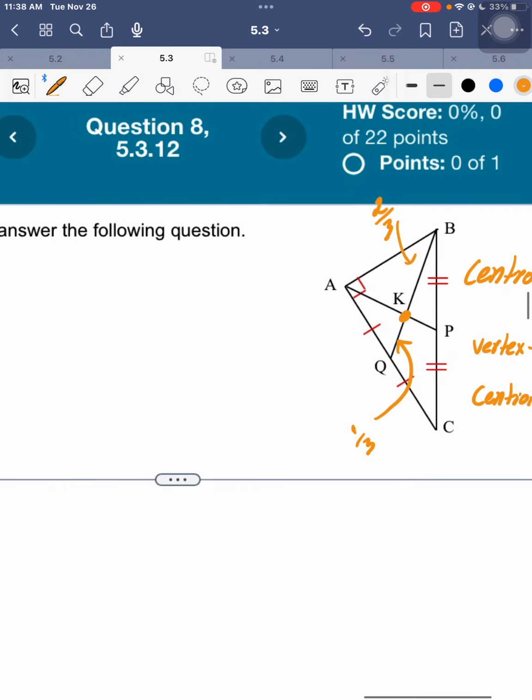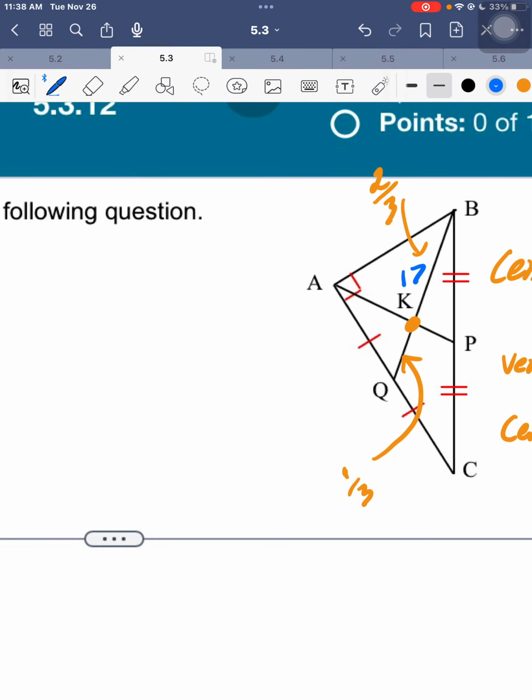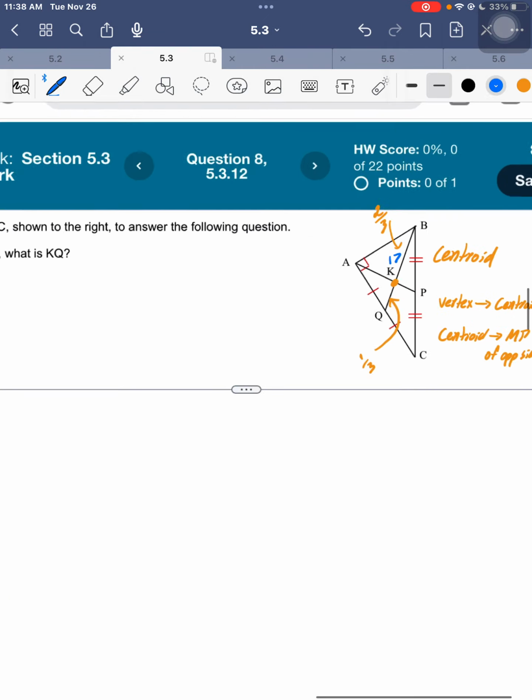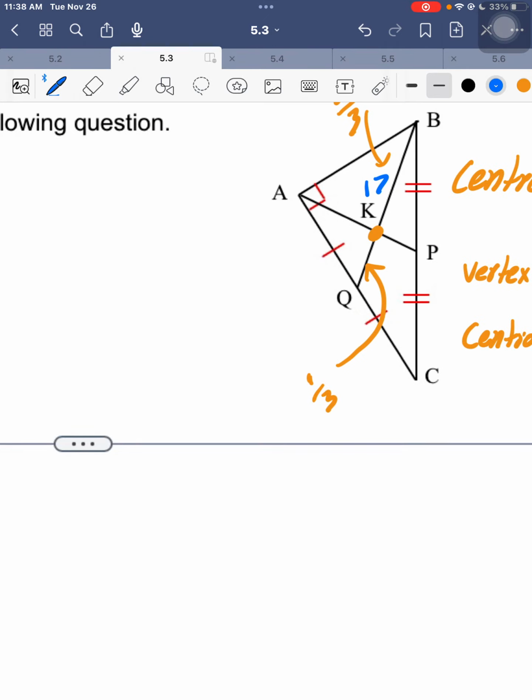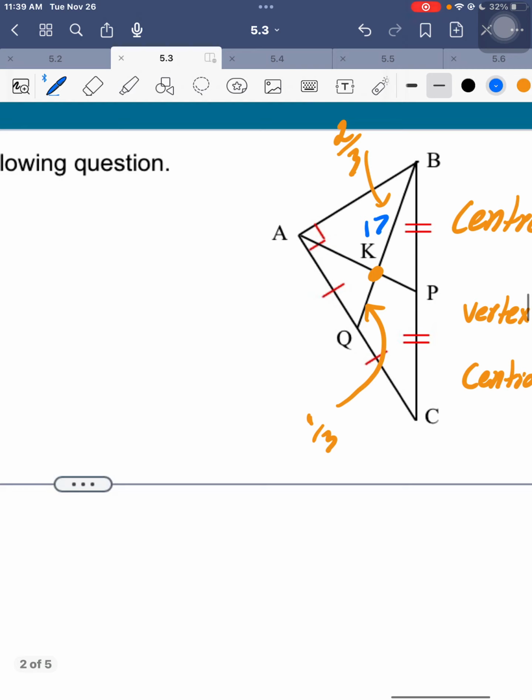If BK is 17, what is KQ? Well, if BK is worth 17, and 17 is the 2/3 portion, what do I have to multiply by to get my 1/3 portion? I have to multiply by 1/2 or divide by 2.